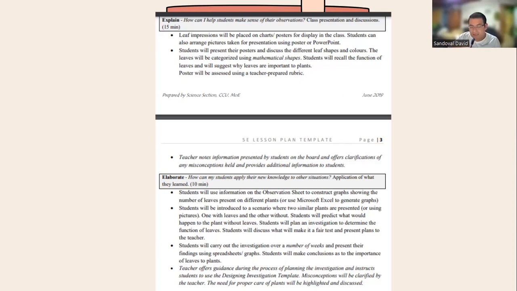In this case, we can use different activities for the students to use the new information, and the teacher offers guidance during the process of planning the investigation and instructs students to use the design investigation templates or anything else that you may need.